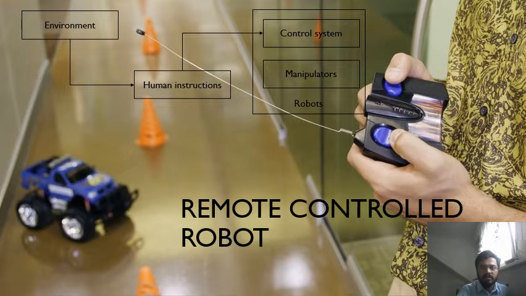Nowadays, robots can move or do tasks by using a control system that commands the actuators and movers. We can consider this control system as a gamepad or joystick which is controlled by us humans.